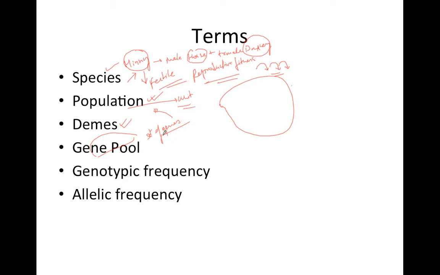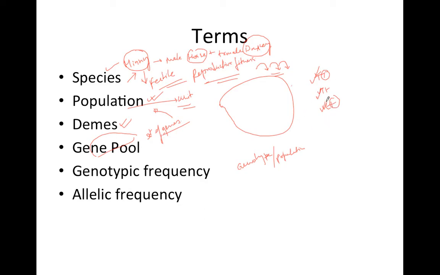And when we talk about genotypic frequency, we are talking about a particular genotype in the population, right? So for example, if you remember a common example we take in genetics, which is like capital T capital T, capital T small t, small t small t, for the tall plants which are homozygous, and the dwarf plant which are homozygous, and there is a heterozygous tall plant which has both the alleles of tall as well as dwarf, right?